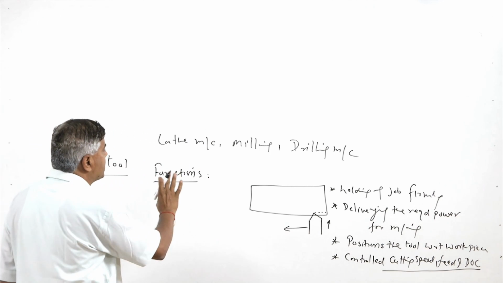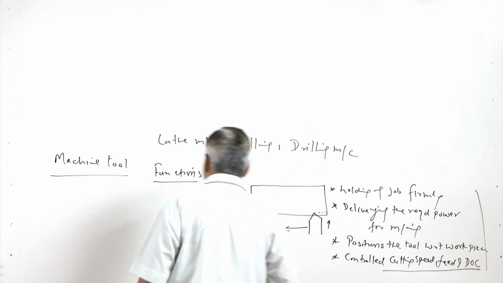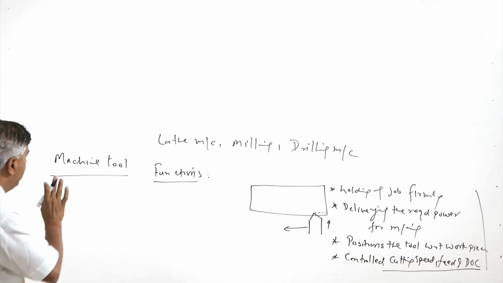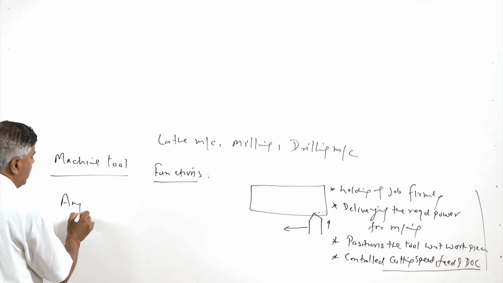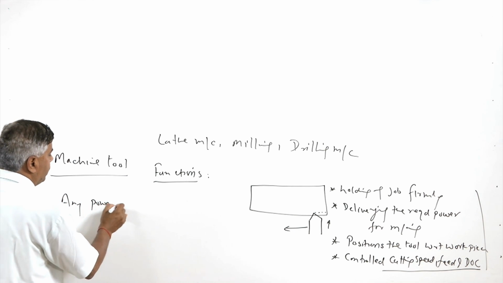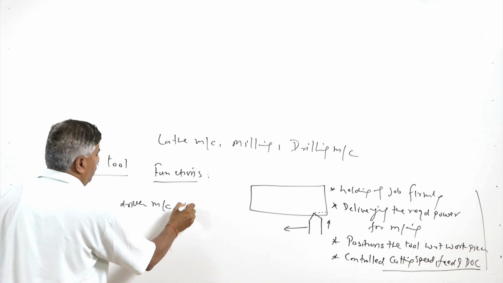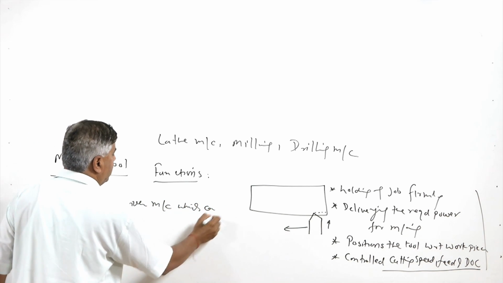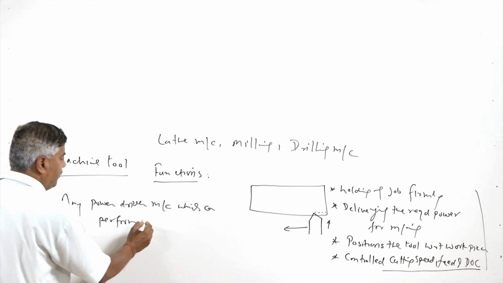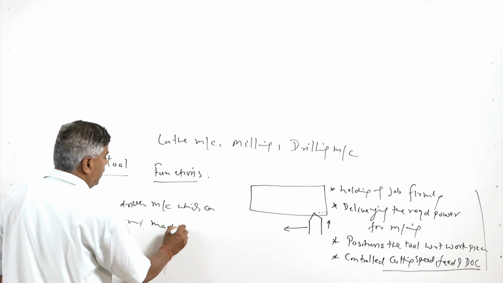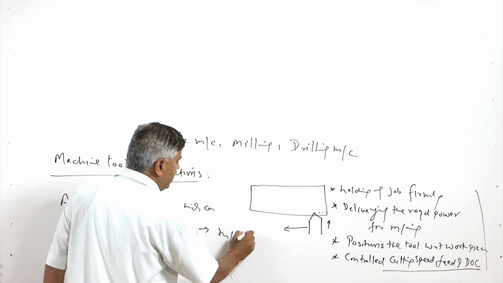So, any machine which is able to perform these functions can be termed a machine tool, and in more generic terms, any power driven machine which can perform machining or metal cutting can be termed a machine tool.